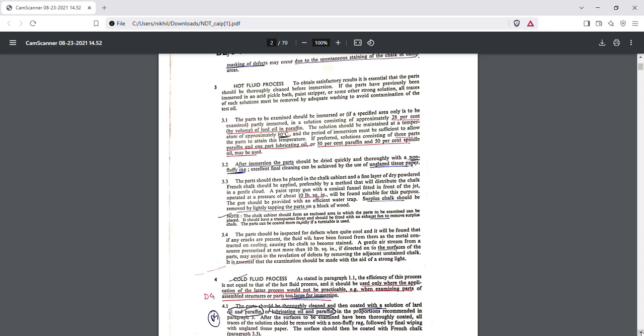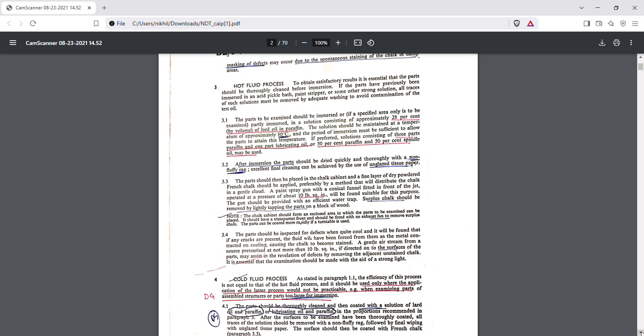The parts should be inspected for defects when quite cool, and it will be found that if any cracks are present, the fluid will have been forced from them as the metal on cooling causes the chalk to become strained.